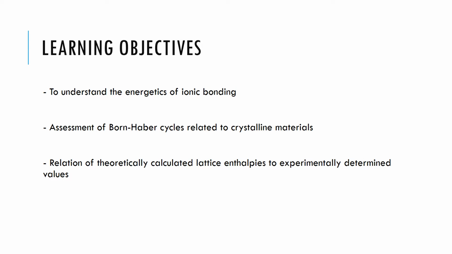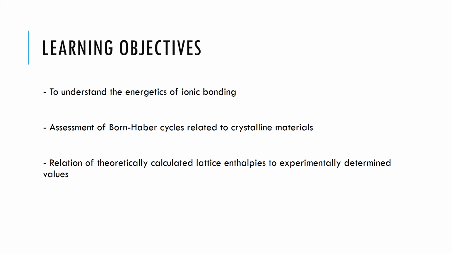I'd like to spend this session today considering the energetics of ionic bonding and using Born-Haber cycles to calculate some of the parameters surrounding the energetics of ionic bonding, in particular trying to calculate the lattice enthalpies for crystalline materials from empirical data.